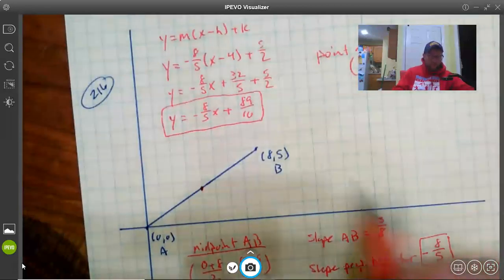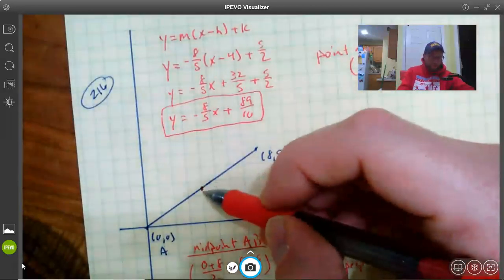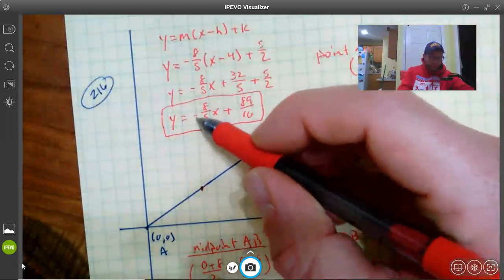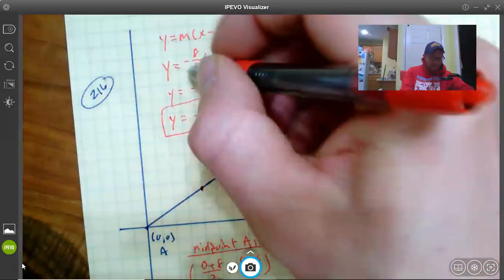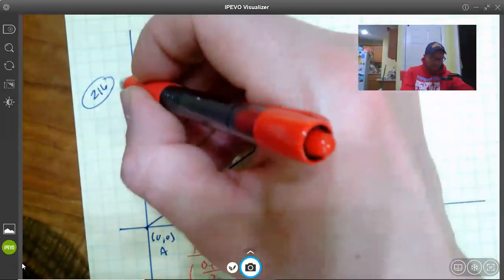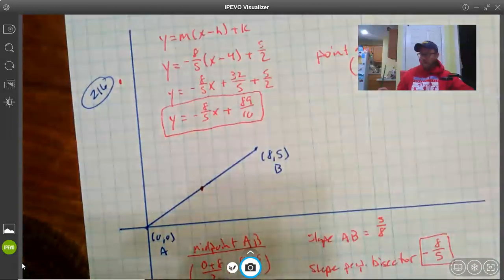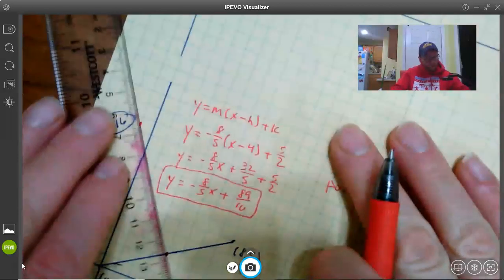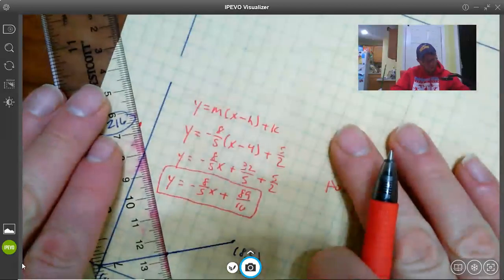Our slope was negative 8/5, so we're going to go up 1, 2, 3, 4, 5, 6, 7, 8, and over 1, 2, 3, 4, 5. So we're going to pass through that point there. Draw our line in.